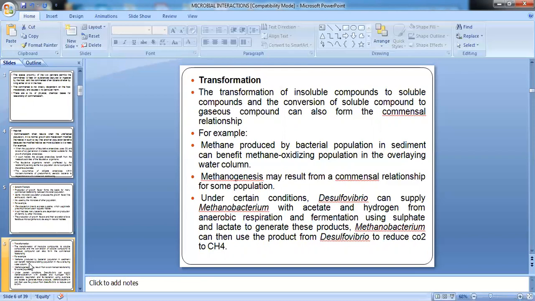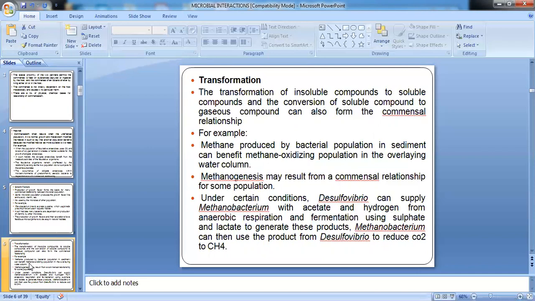This methane can be used by the methane oxidizing bacteria in the above sediment. So this becomes a commensalistic relationship, which is explained over here. Methane, which is produced by the bacterial population in the sediment, can be used by the methane oxidizing population in the overlying water column. So methanogenesis results from the commensalistic relationship for the population.